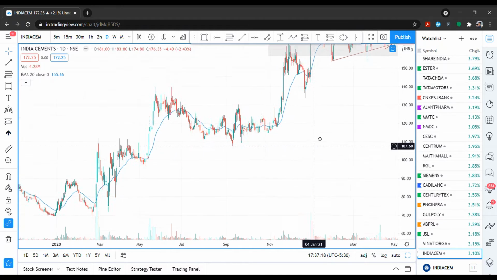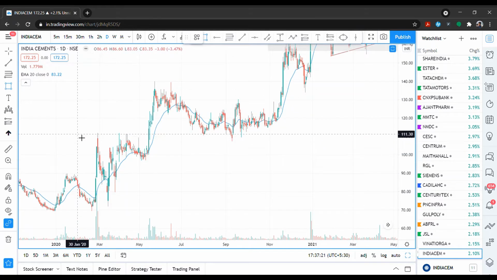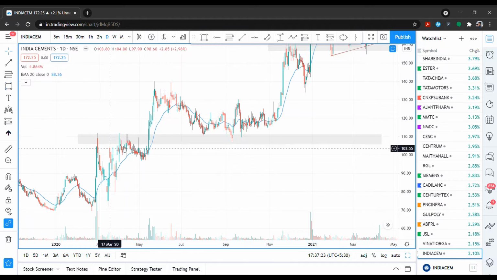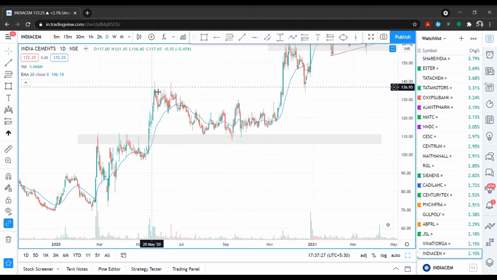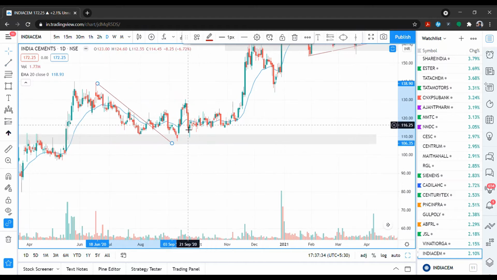Okay, what is this? This is the previous swing high, and we have 1, 2, 3, 4 rejections. The price came up. Even this was a short-term trend line. If you had taken a trade here and put a stop loss here, your stop loss would have been hit.